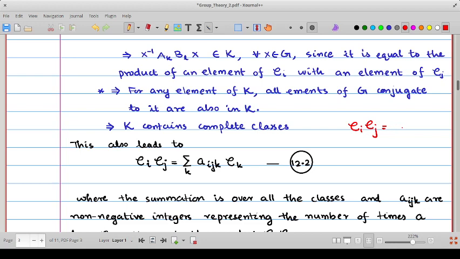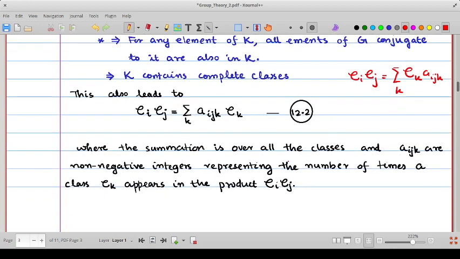Suppose a particular class Ck appears as say Aijk times in the product Ci Cj. And taking all those classes together, we may write this product as sum over all possible classes Ck times Aijk, where Aijk are non-negative integers that represent the number of times a particular class Ck appears in this product.